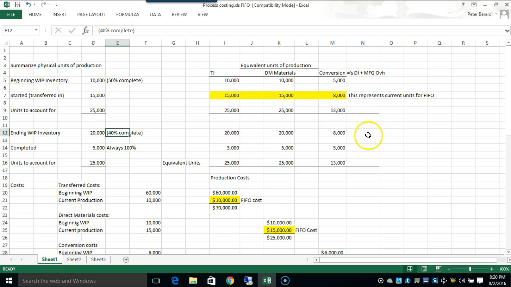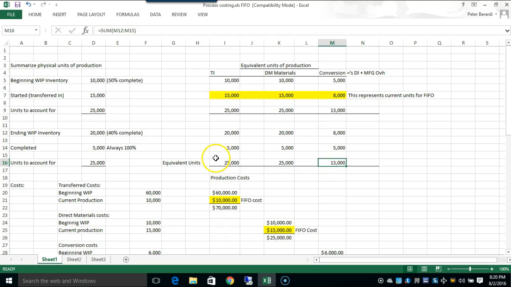But we are told conversion costs on an equivalent unit basis is 40% of ending WIP. 40% of 20,000 is 8,000. Add these up to get your equivalent units. 20,000 plus 5,000 is 25,000. 20,000 plus 5,000 is 25,000. 8,000 plus 5,000 is 13,000.